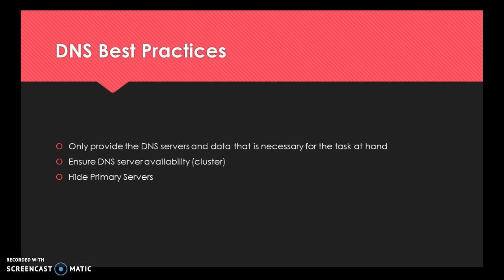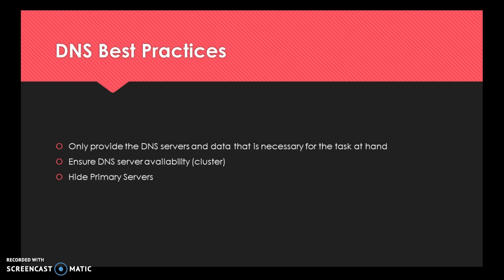Another best practice is you want to hide your primary servers. Obviously, these servers will host the master copy of any zones, and they should be hidden. That means they should only exist to serve the data to the secondary name servers throughout the organization, and they are not listed as name servers for any zone.